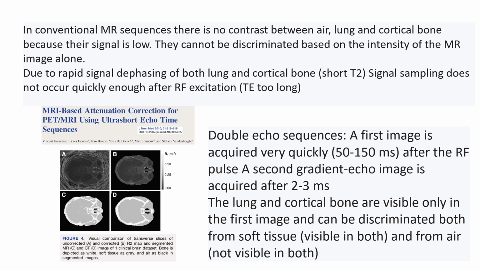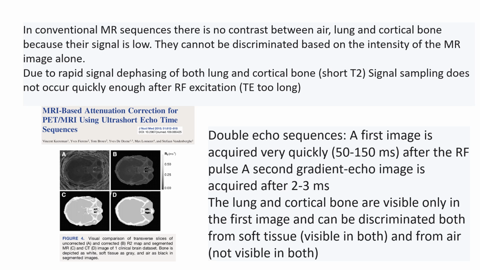Due to rapid signal dephasing of both lung and cortical bone in short T2 sequences, the signal sampling does not occur quickly enough after radiofrequency excitation, as time to echo is too long.